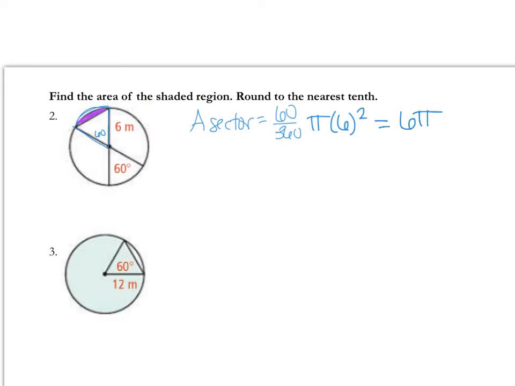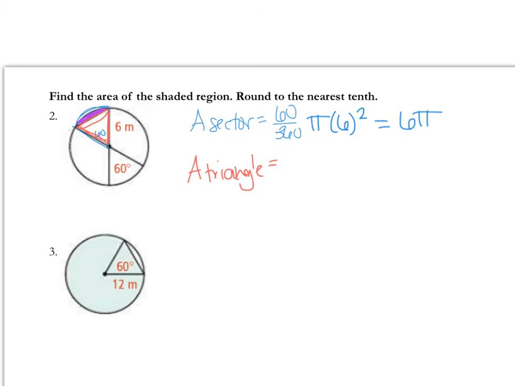And then we also need the area of the not shaded part inside of that sector, which is the triangle. So to find the area of the triangle, I have to think about what kind of triangle that is. This time they did not give me a right angle. I don't have a base and a height, so I freeze for a second.